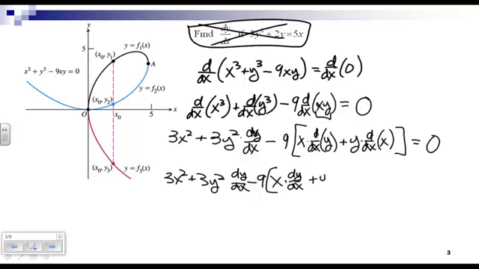Plus y times, what is the derivative with respect to x of x? 1. So I'm not even going to write the 1. All right? We have successfully done all those things.